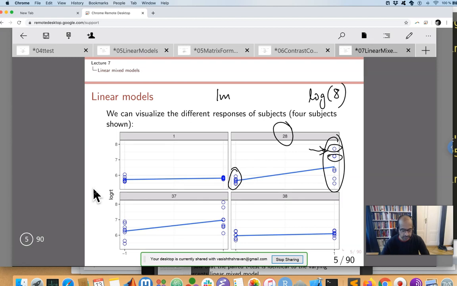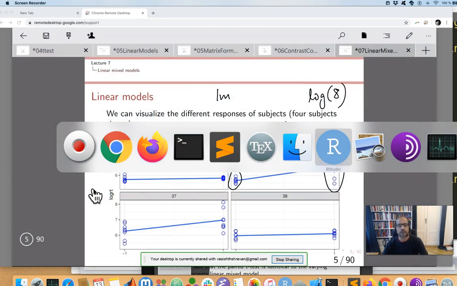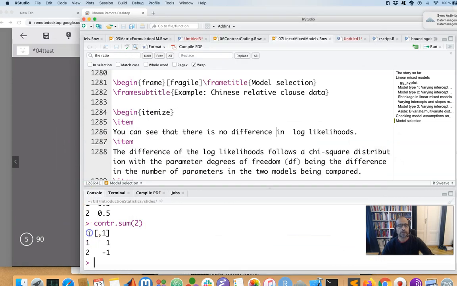What is log 8 milliseconds on the millisecond scale? Let's take a look. I'm just going to take the exponent of 8. That's almost 3 seconds.